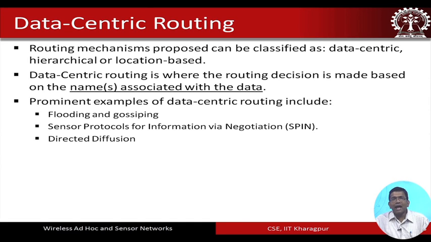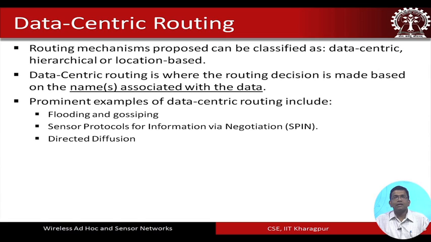If we did not have data centric routing protocols, we would need some kind of addressing mechanism, which means that different nodes would have specific addresses associated with them, like an IP address or something of that sort, and routing would be enabled by use of these addresses to identify how and where the data has to be sent from a specific point onwards.